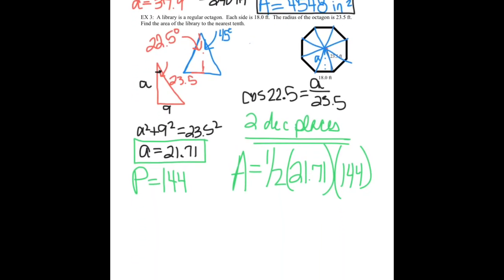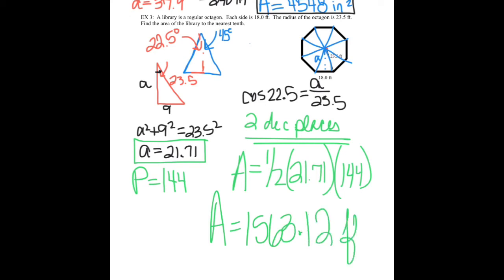So when I put 0.5 times 21.71 times 144, I come up with 1,563.12 feet squared. All right.